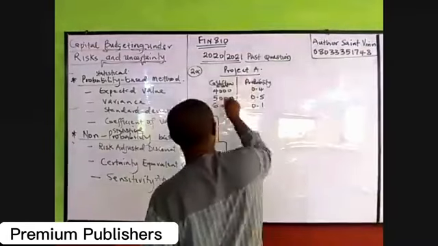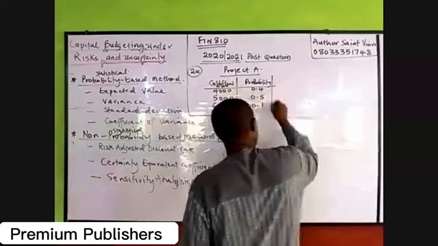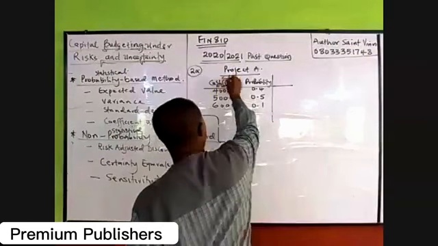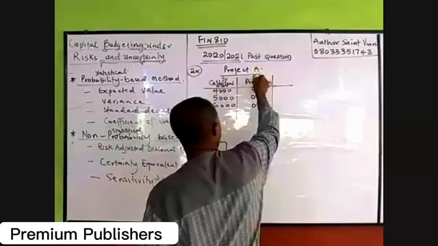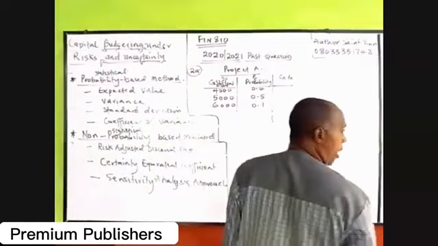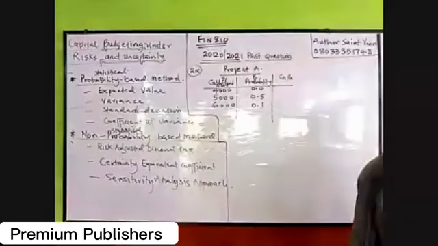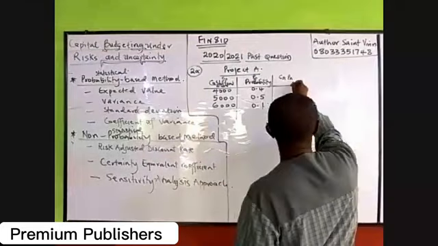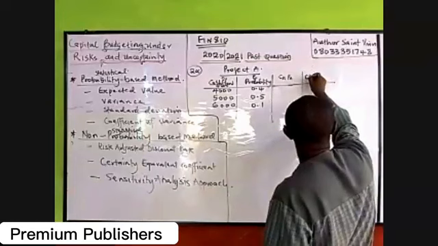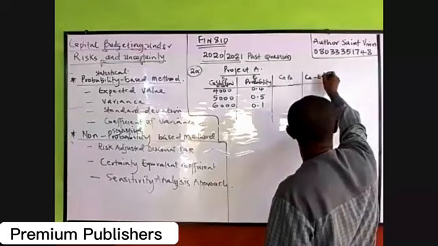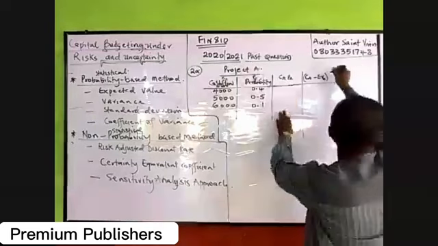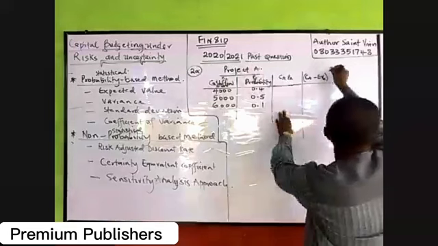We'll draw this way. We'll get this. I call this CA, cash flow of A, times the probability. Then we'll have CA minus EV of A, raised by CA.